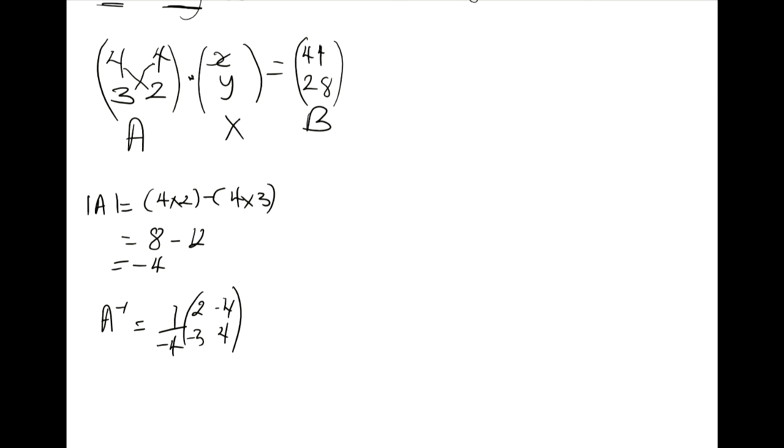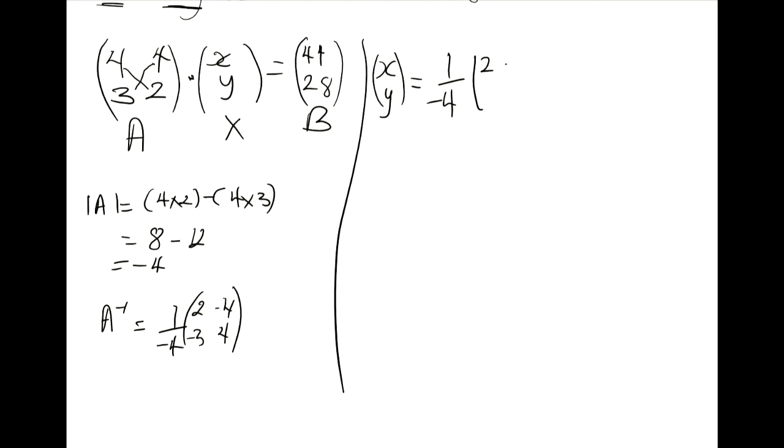Now we can find x and y. We can say that x and y is equal to our inverse, which is 1 over negative 4, 2, negative 4, negative 3, 4, multiplied by our matrix B, which is 44, 28.